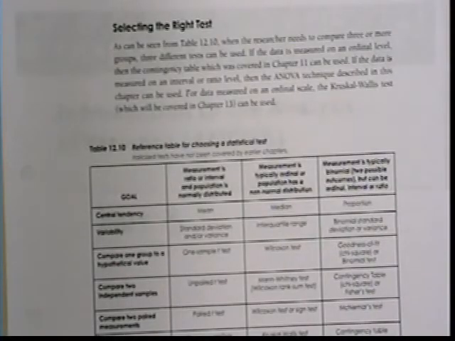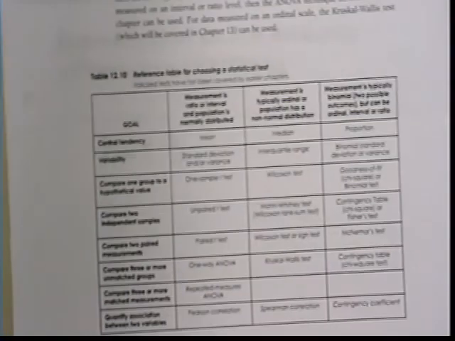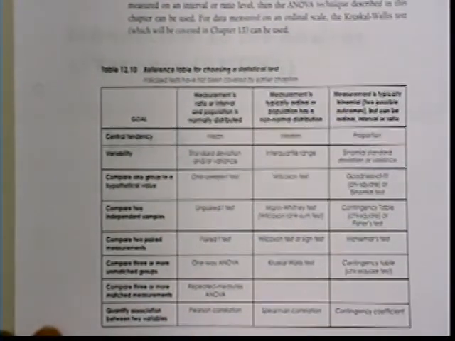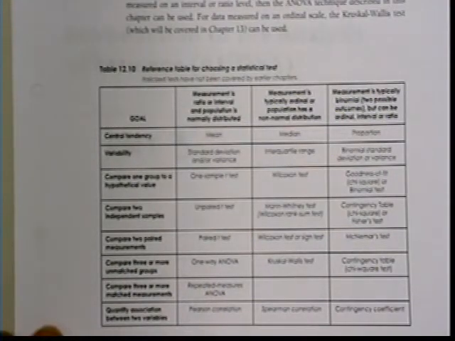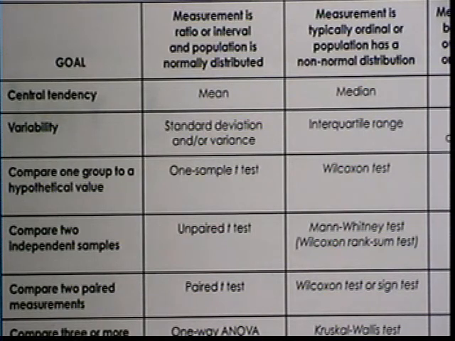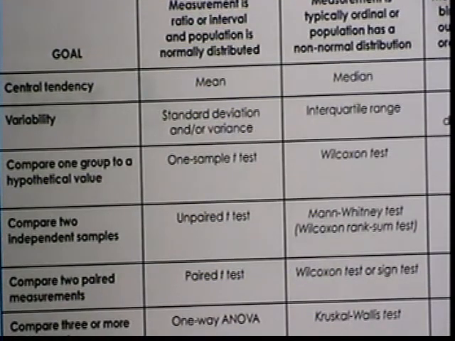The chart at the end of this chapter, the statistical test chart, you can go through and you can see what we've added here. We've compared 3 or more unmatched groups with a one-way analysis of variance.